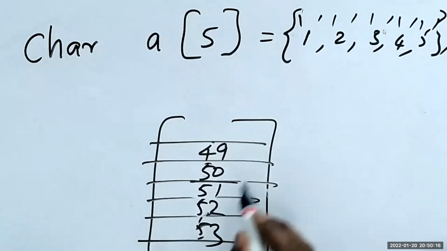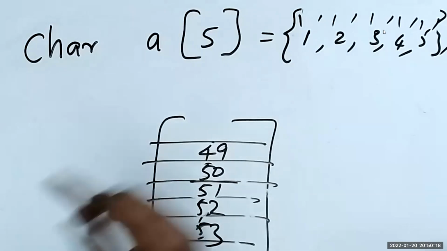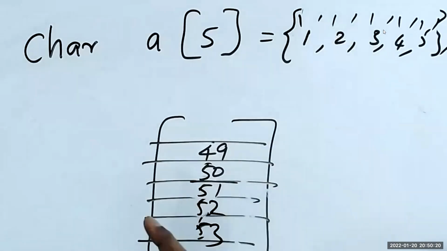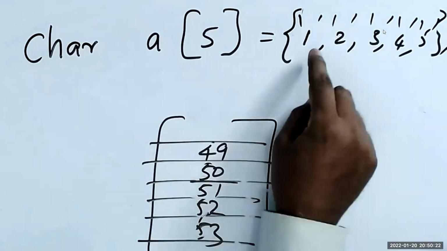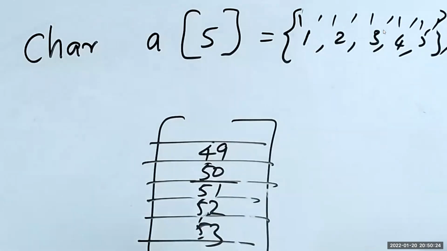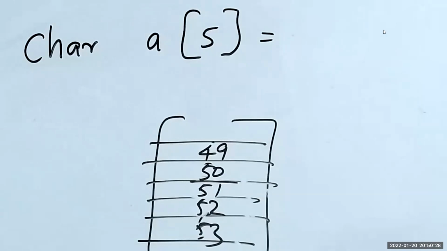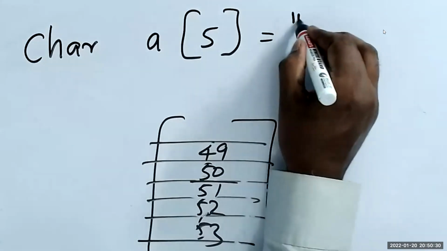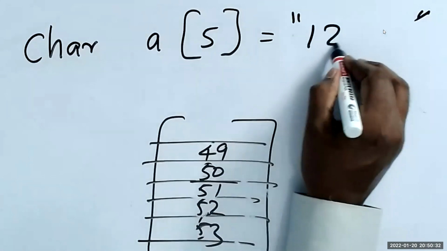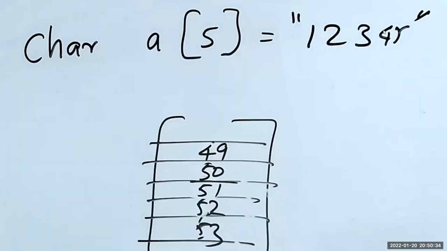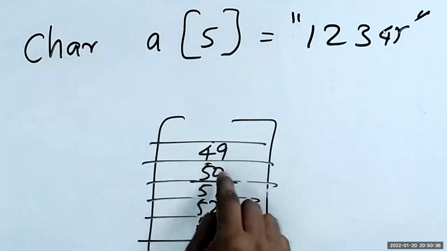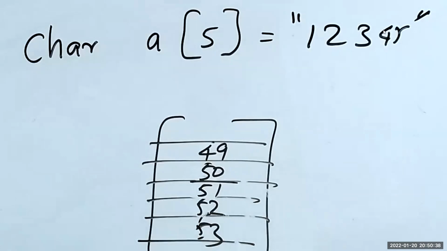Please understand the difference. If we don't put the single quote, then the value is allocated. But I can do this also. If I put it like this, within double quotes, 1, 2, 3, 4, 5, then what is stored in the memory is 49, 50, 51, 52, not 1, 2, 3 decimal.